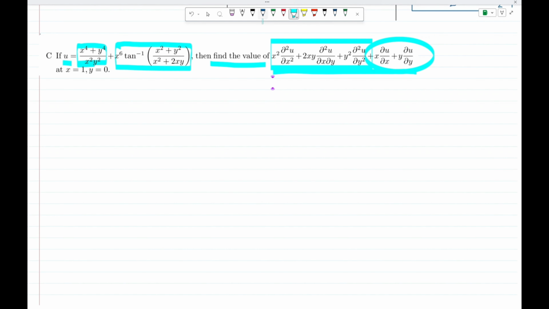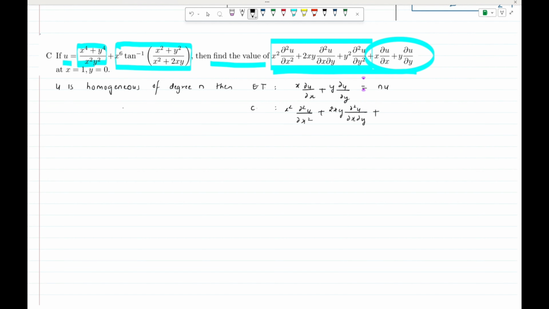So Euler's theorem states that if a function, let's say u, is homogeneous of degree say n, then x into del u by del x plus y into del u by del y is going to be n times u, whereas the corollary to Euler's theorem tells you that x square into del square u over del x square plus 2xy del square u over del x del y plus y square del square u over del y square is equal to n into n minus 1 times u.